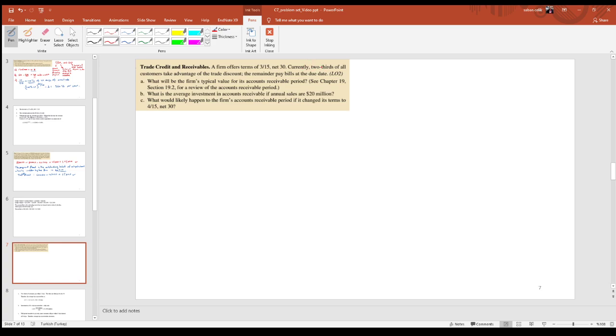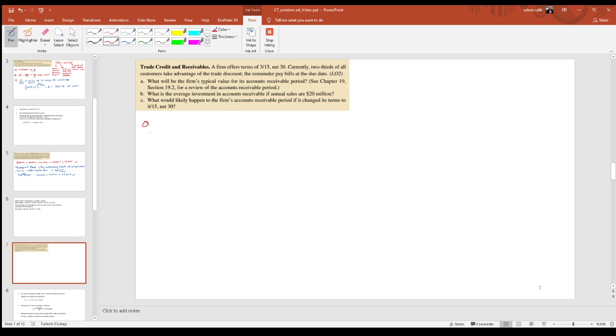Currently, 2/3 of all customers take advantage of the trade discount. The remainder pay bills at the due date. So A, what will be the firm's typical value for its accounts receivable period?